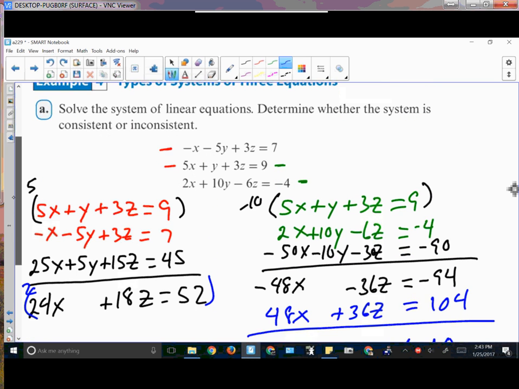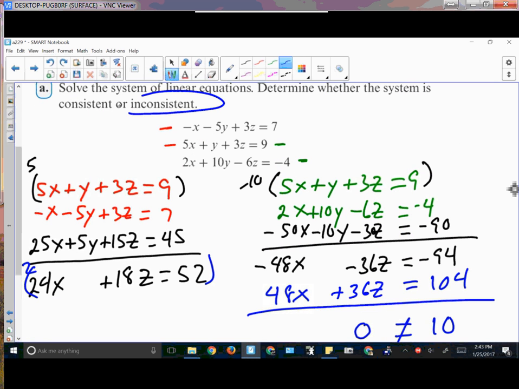So that means that this is going to be an inconsistent system. But you have to go through the whole process until you run across an error. Sometimes the error shows up like this. Sometimes it shows up where the y is two completely different numbers.